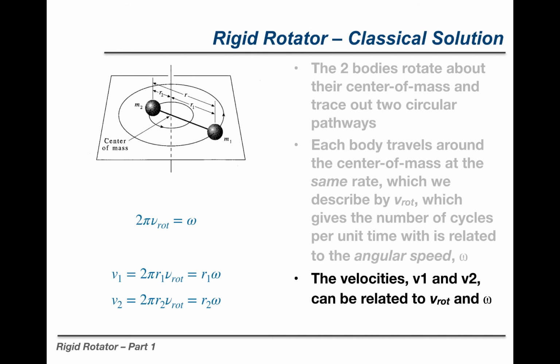Omega, on the other hand, tells me radians per unit time. And v1 and v2 tell me the actual velocity of each body in terms of distance per unit time. So they're all related, but they are different things. And in order to make sense of the math that comes later, we need to keep straight in our heads the difference between nu rot, omega, and v1 and v2.